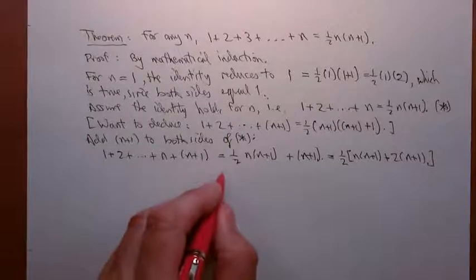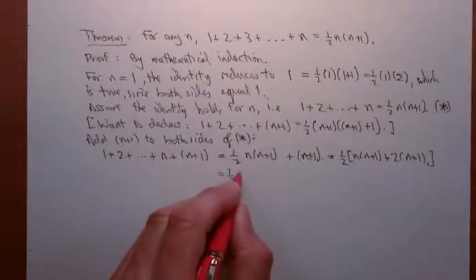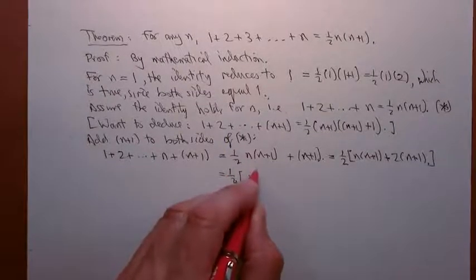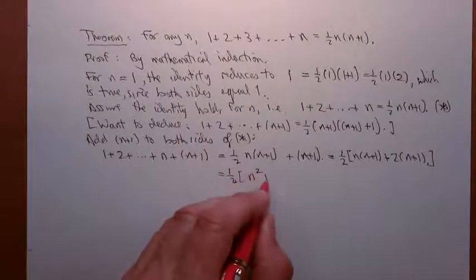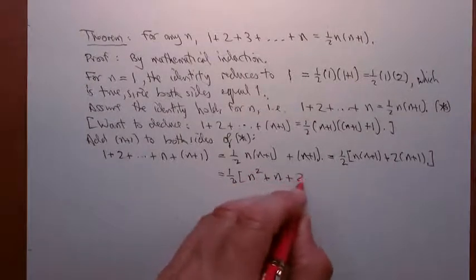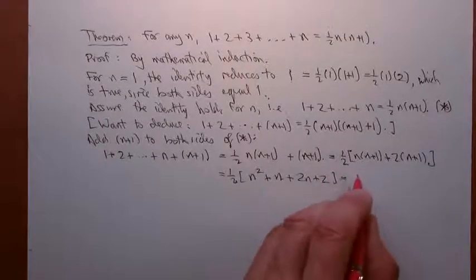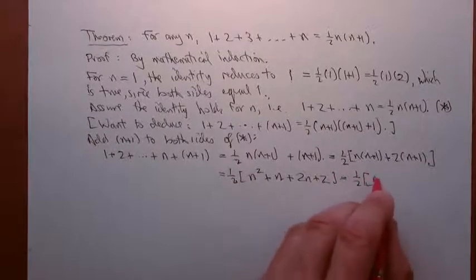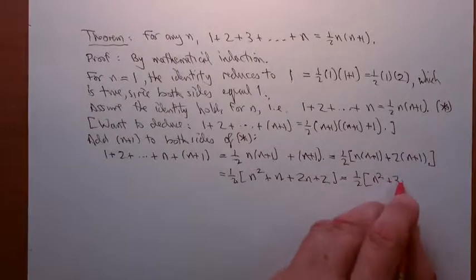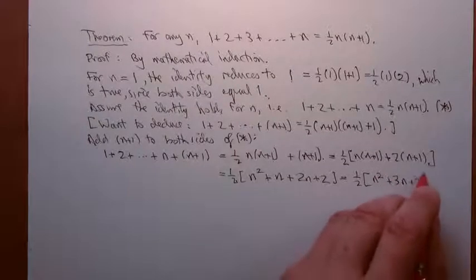And that equals a half n squared plus n plus 2n plus 2, which is a half n squared plus 3n plus 2.